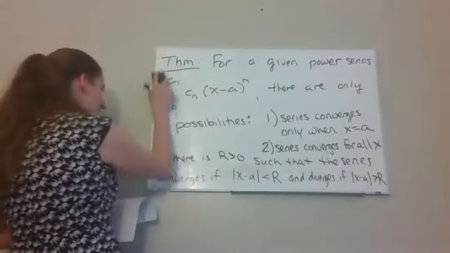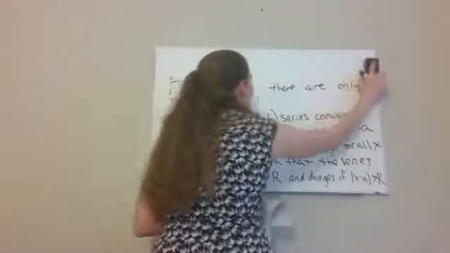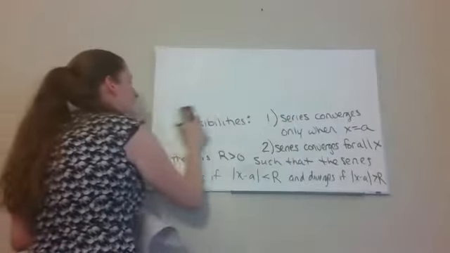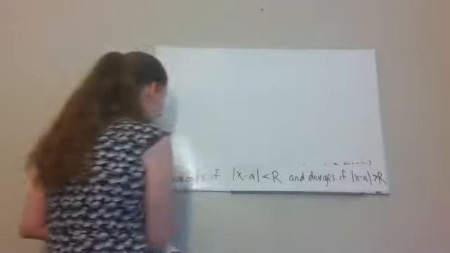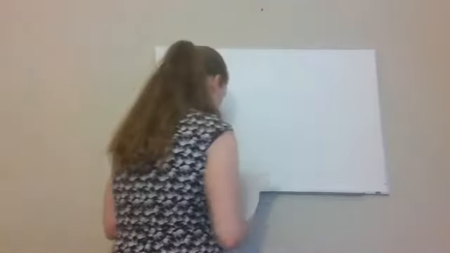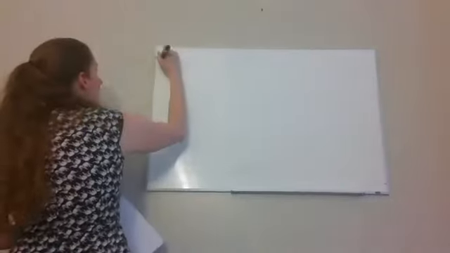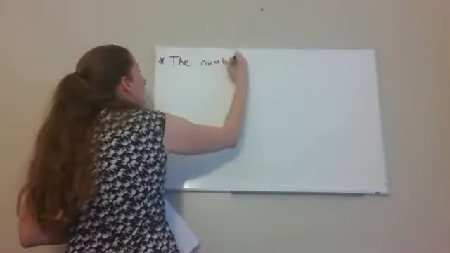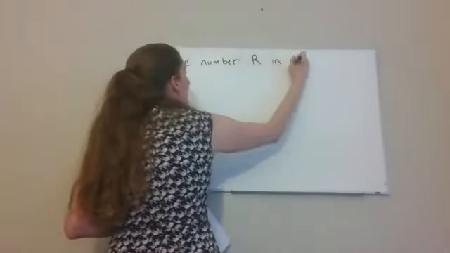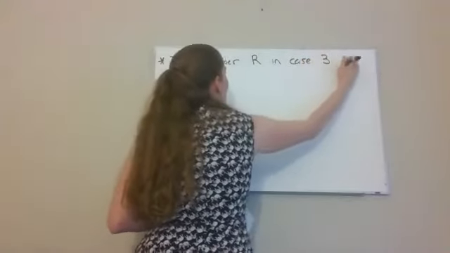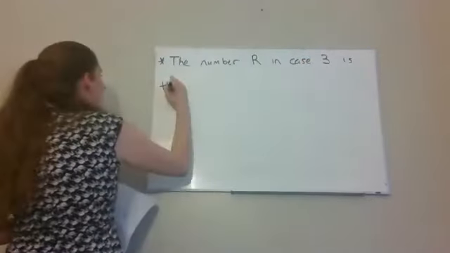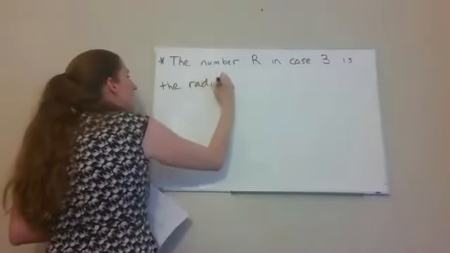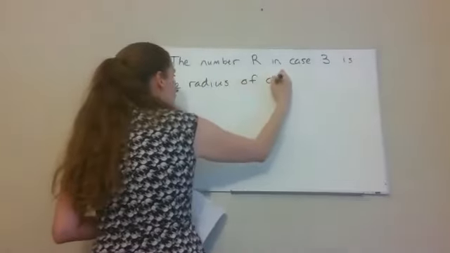So in all of these cases, we have something called a radius of convergence. The number r in case 3 is called the radius of convergence.